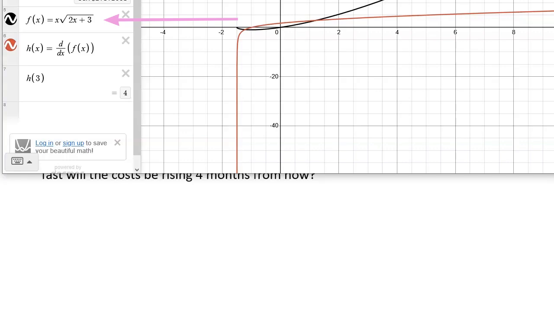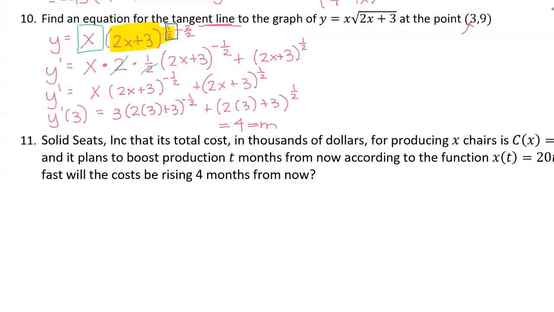I've defined it as f of x. Then I defined that h of x is going to be the derivative of f of x. And then I can put in h of 3. So the h function is the derivative function.